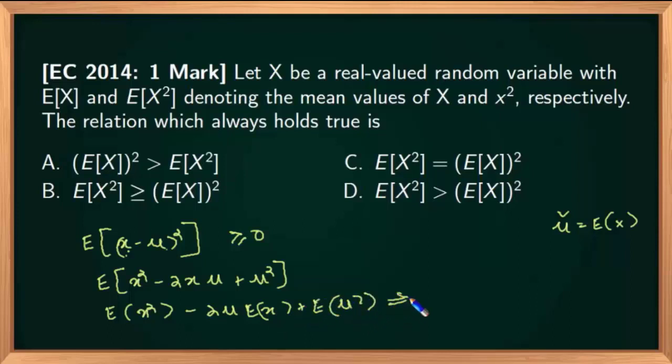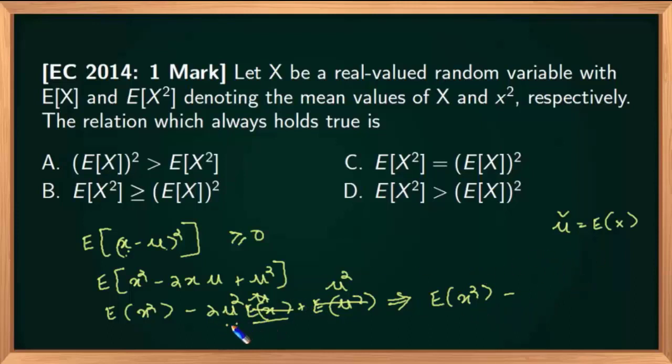Now the expected value of x is mu, so this becomes minus 2 mu square, plus the expected value of a constant is that constant itself, which is mu square. So minus 2 mu square plus mu square gives me E of x square minus mu square.